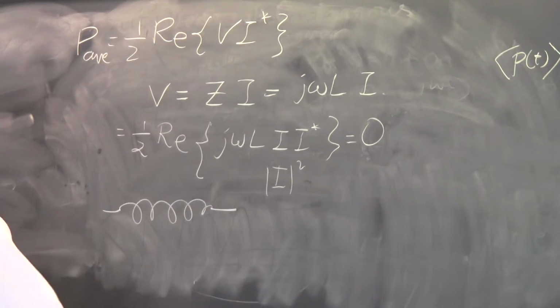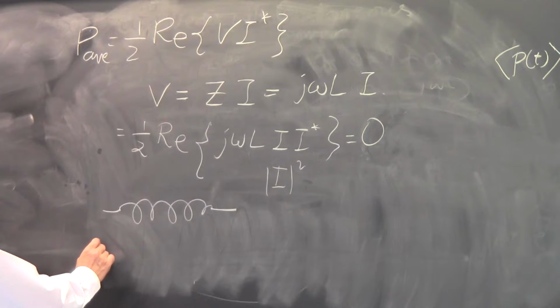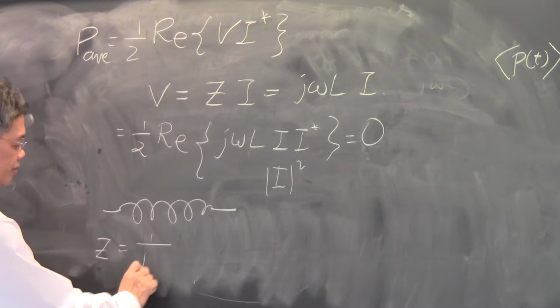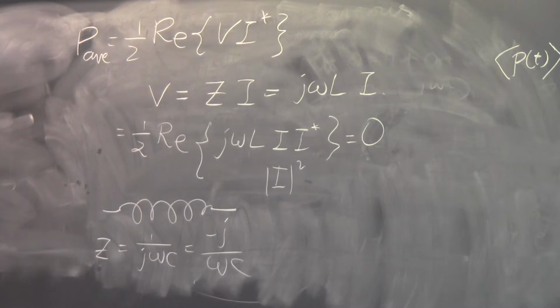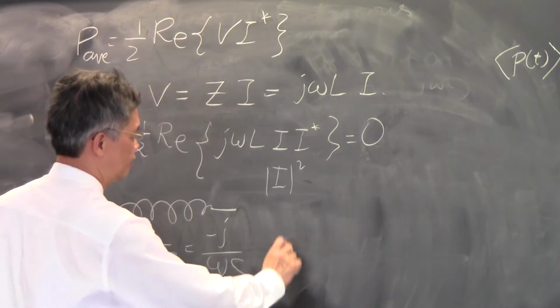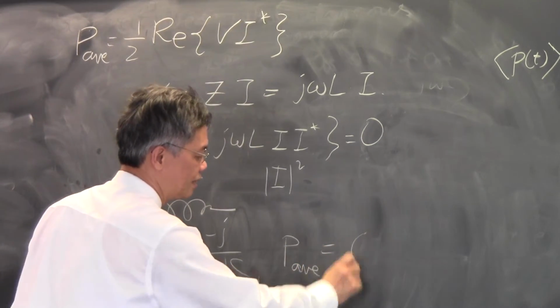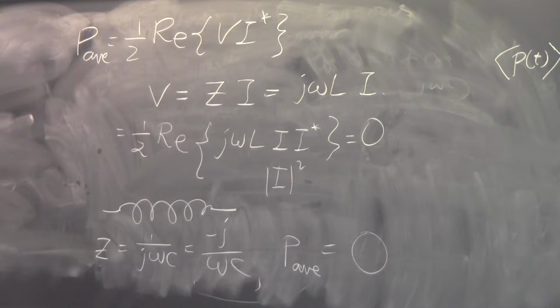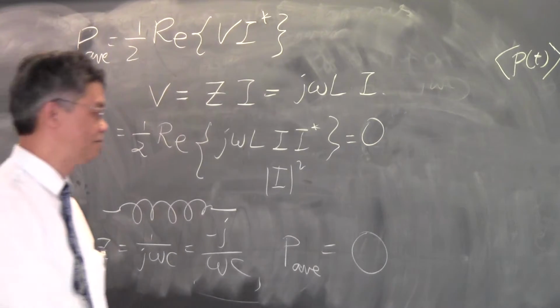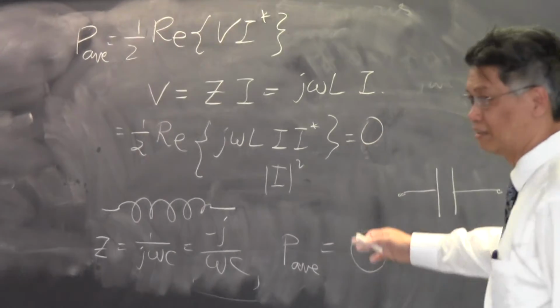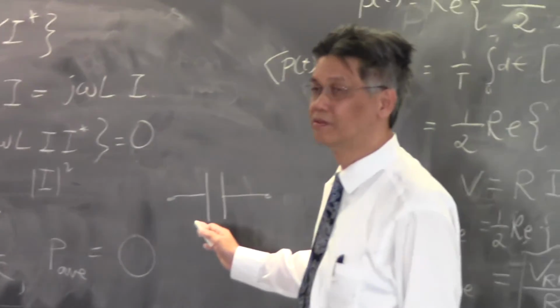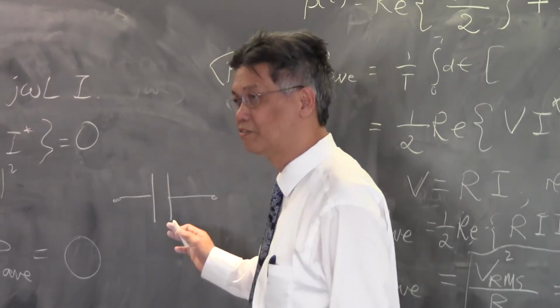Similarly, for a capacitor, you have Z equals 1 over j omega C, which is minus j over omega C. And if you plug that in, you also get 0. P average for a capacitor is also equal to 0. Why is that so? Because a capacitor is also an energy storage device. As you apply a voltage, you get a current flow.